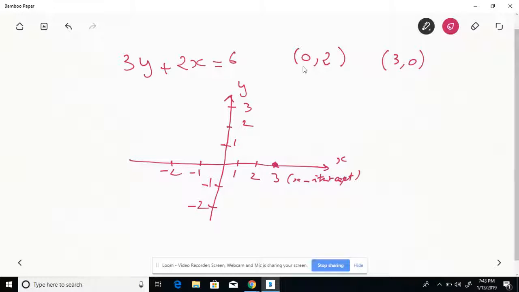And the y-intercept is 0, 2: x is 0 and y is 2. So this is the y-intercept. Now we put the line through them. So this is the graph.